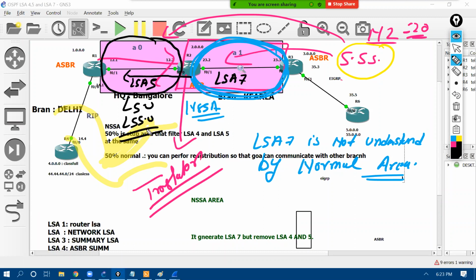So in area 0, this route will appear as E2, an external route, or LSA 5. But in the NSSA area, it will appear as N2, as LSA 7, because the problem is that the normal area does not understand LSA 7.